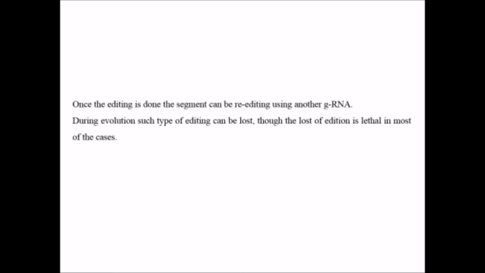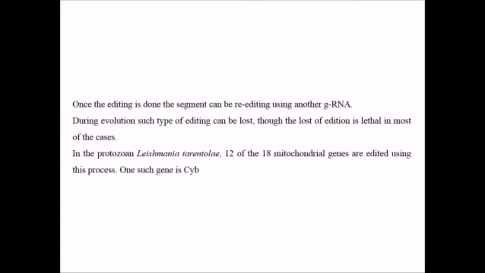One guide RNA can't fulfill this, so there will be re-editing after it gets edited. This process can happen two to three times for the completion of the whole editing. In the protozoan Leishmania tarentolae, about 12 of the 18 mitochondrial genes are edited using this process. One example of such a gene is CYB.